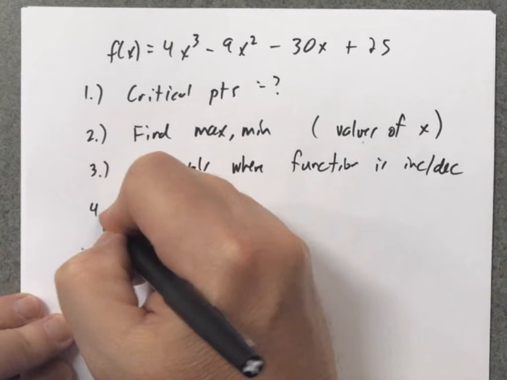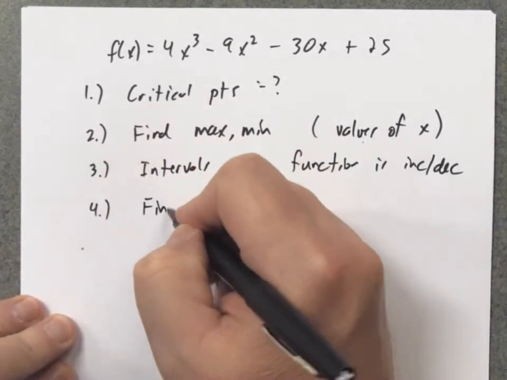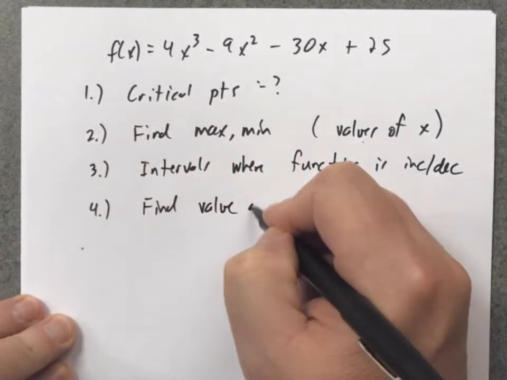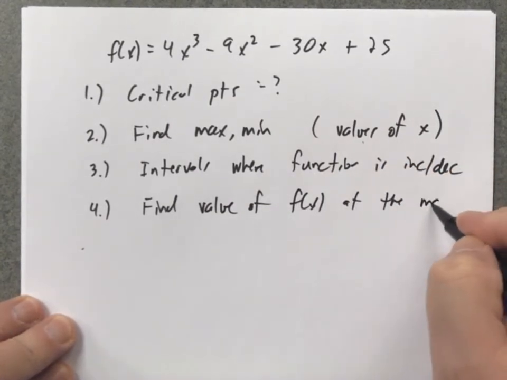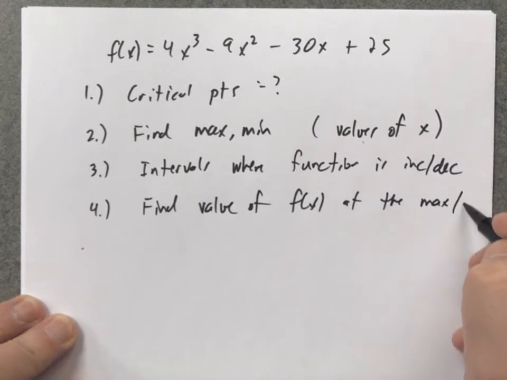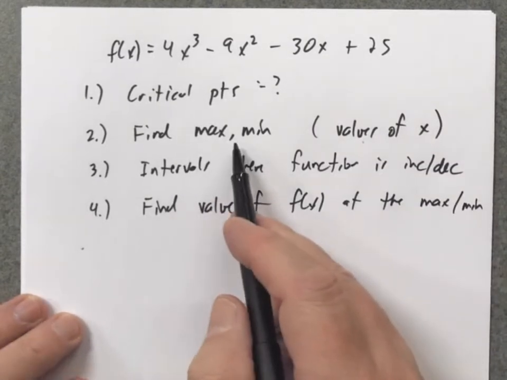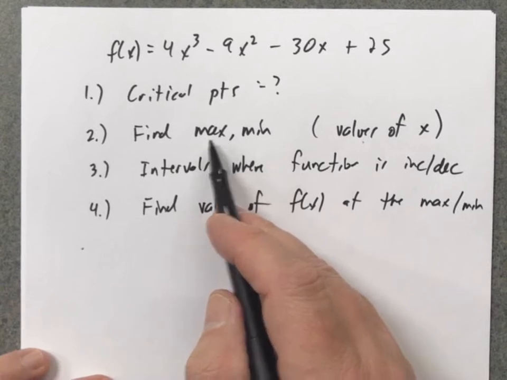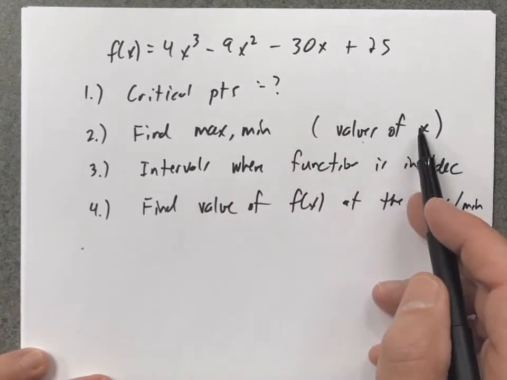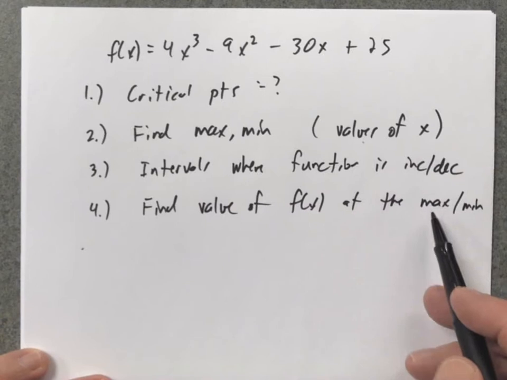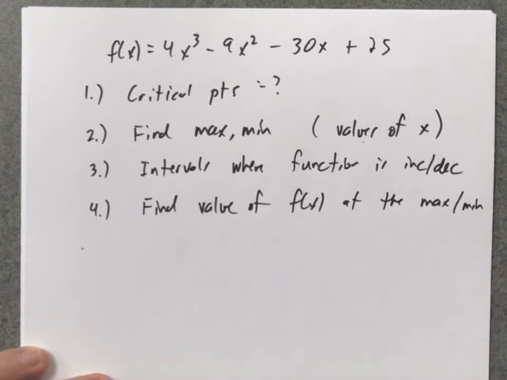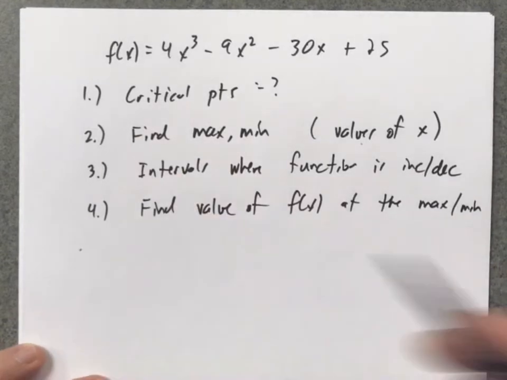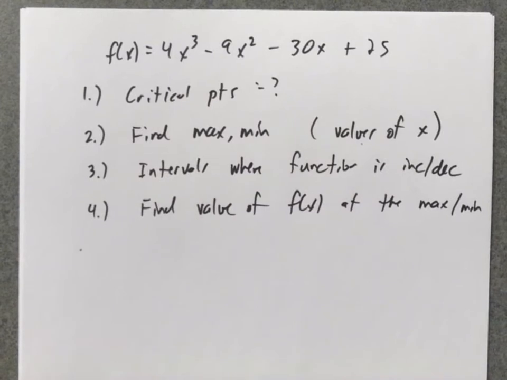And then maybe just for fun, find the value of the function at the maximum and minimum. In other words, up here, when I say find the max and min, we're just going to get the value of x where the max and the min are. Down here, we actually go another step, and once we know where the maxes and mins are, they want to know what the actual value of the function is. So let's do these 4 steps.